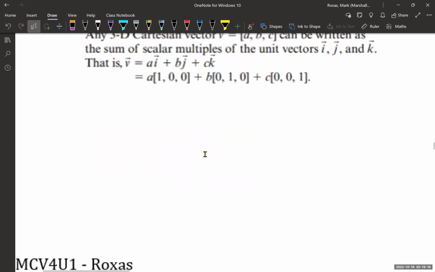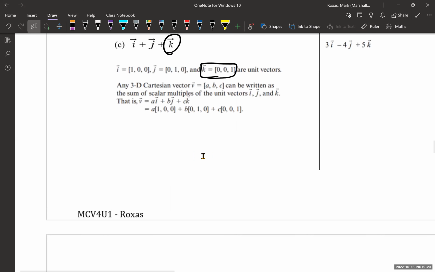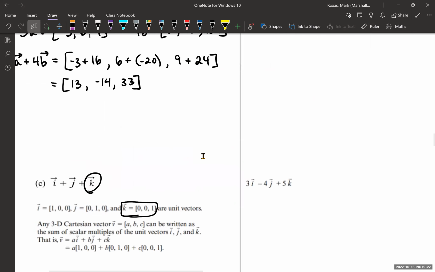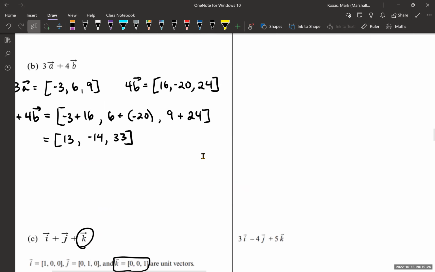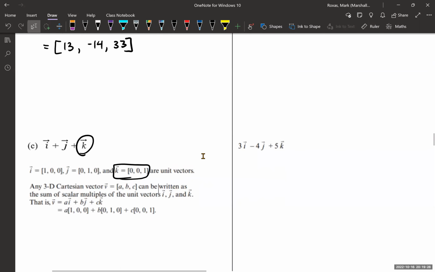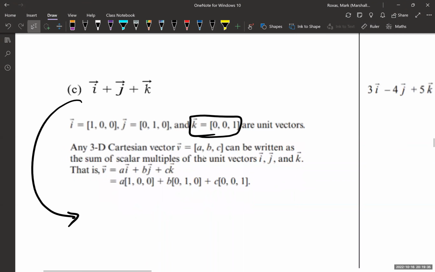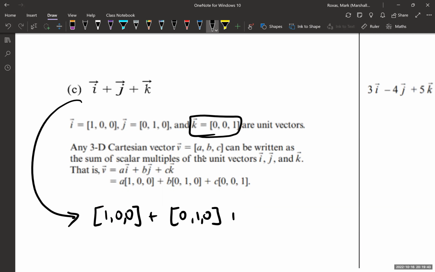Okay, so let's look at an example. Let's add i, j, and k. Well, if I wanted to put this in algebraic form, what we're saying here is we're doing 1, 0, 0, plus 0, 1, 0, and plus 0, 0, 1.